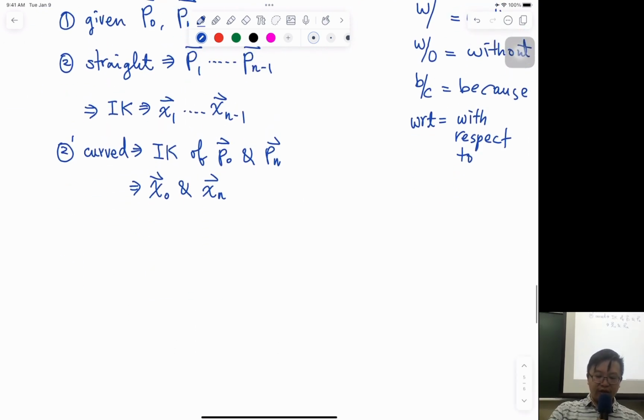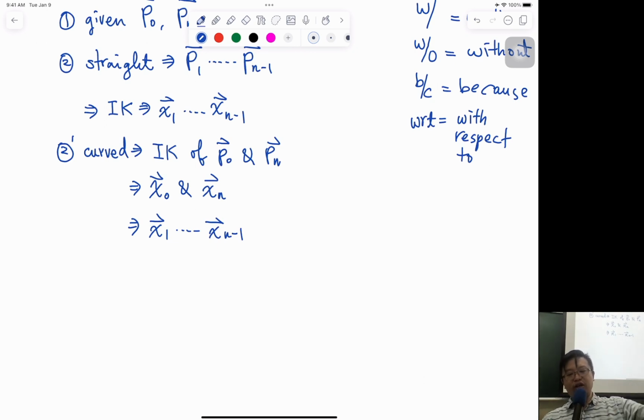Then you can compute x1 to xn minus 1. So you can linearly change the angles. Okay, so either way, for step 2, you need to figure out the n minus 1 configurations along the way.